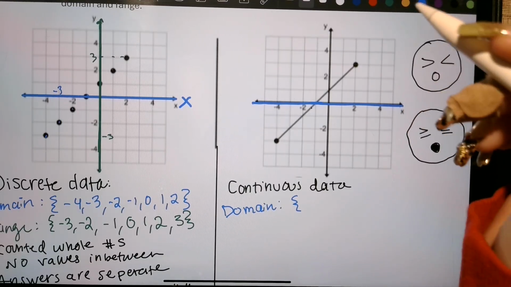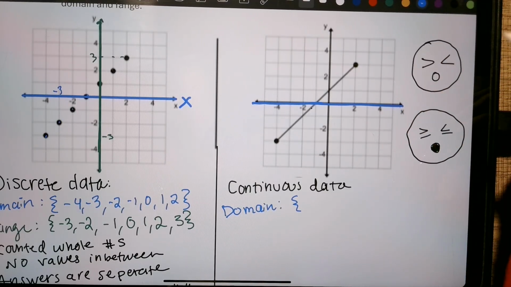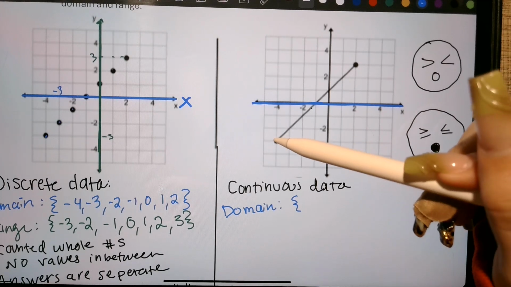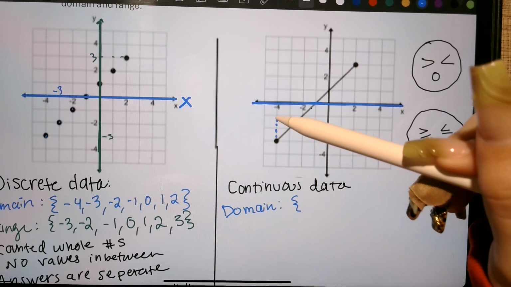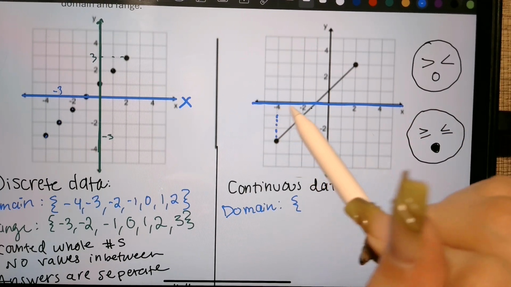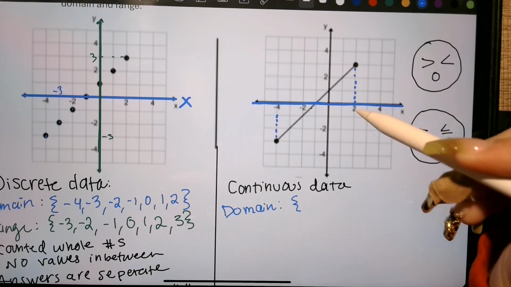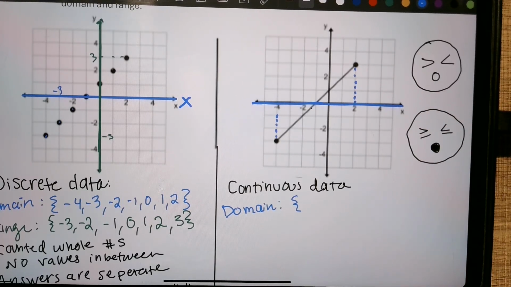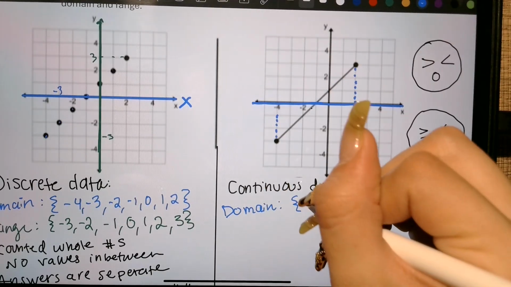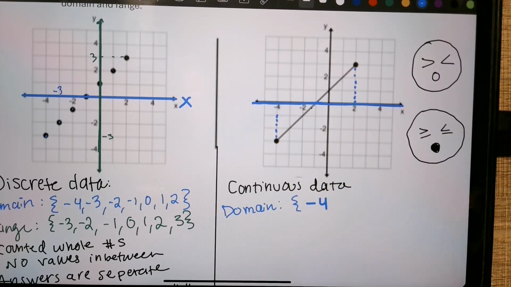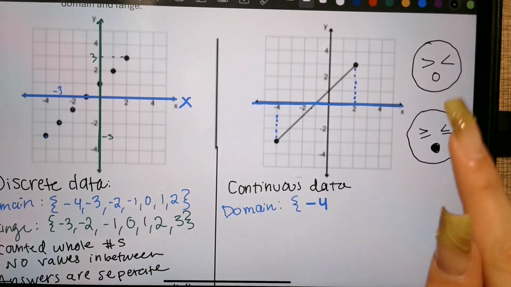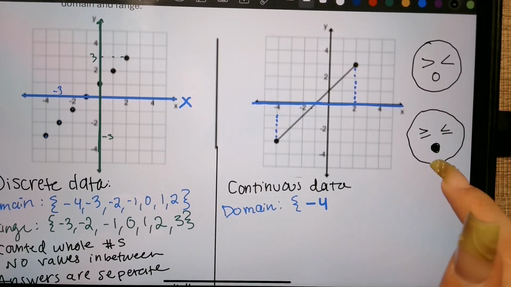All the x values, right? And if we notice this time, we're starting at -4, and it is every x value up to +2. So the way that we're going to do that is start with -4, and then we need to know if it's going to be open circle or closed circle.